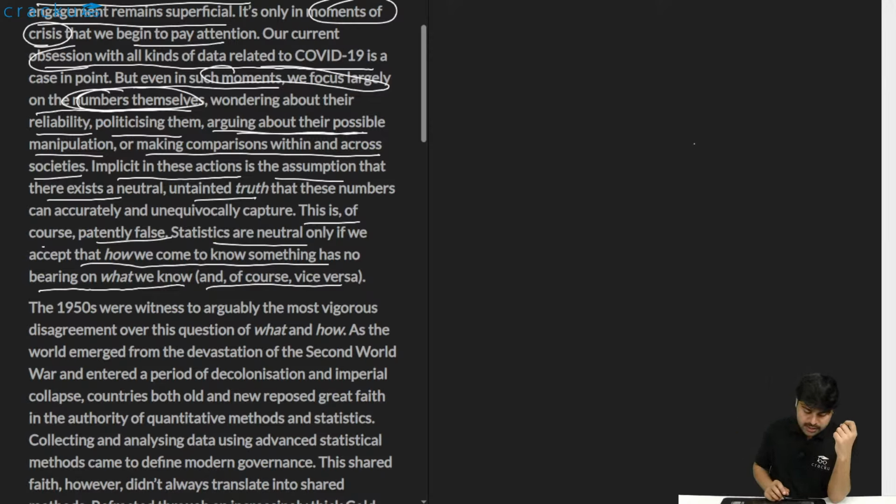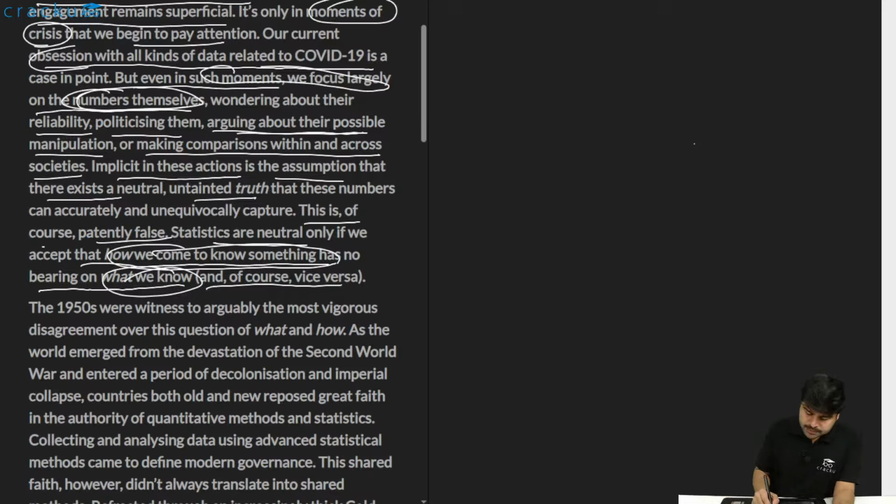The author essentially talks about how we come to know about something having no bearing on what we know. These people who argue that data is political, that data is manipulated, their inherent assumption is that data carries a certain unequivocal truth, some objective truth.